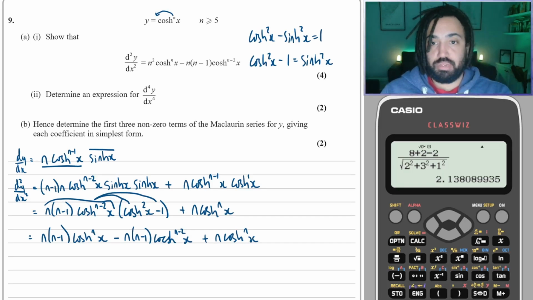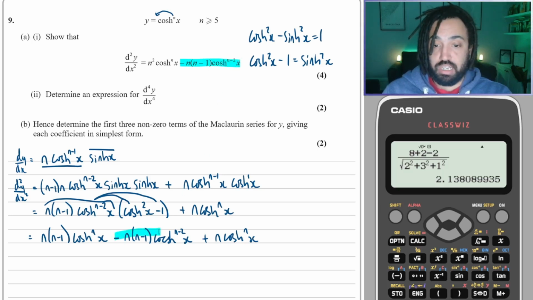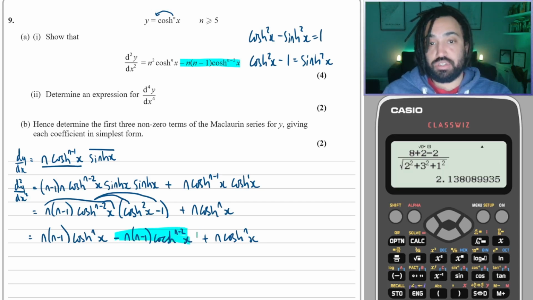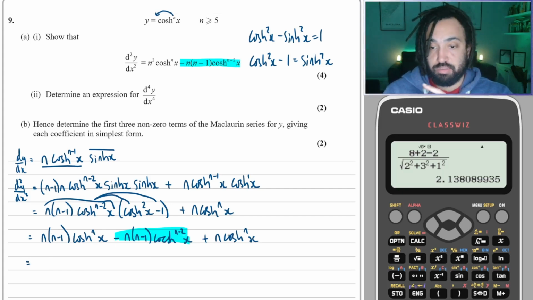Okay, now let's do some pairing up. So this, we have that right here. That's that. So I've now got to then formulate the rest of it using what's left over. So how many cosh squareds have we got?